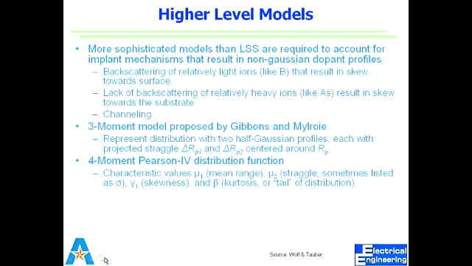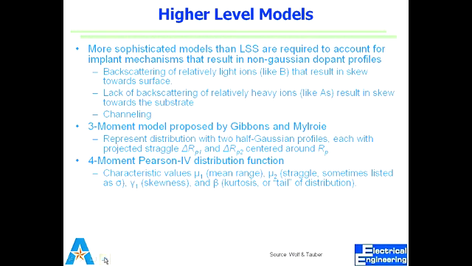We look at channeling, where ions can just zip through. They don't stop, so they continue to higher depth. That's called channeling. We'll look at what channeling is. There's one model called free moment. It shows two half Gaussian profiles, each with its own RP and delta RP.